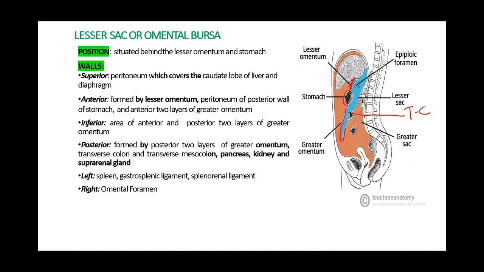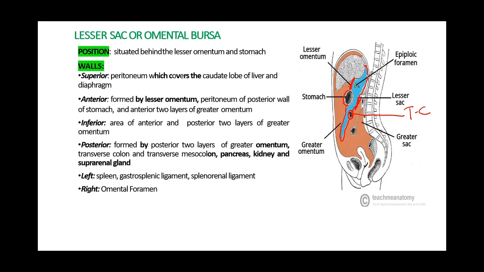It is then folded to attach to the transverse colon, and this is called the transverse mesocolon. And of course, this is the retroperitoneal space here and the parietal peritoneum. So this is called the lesser sac. That is the position. What are the walls?